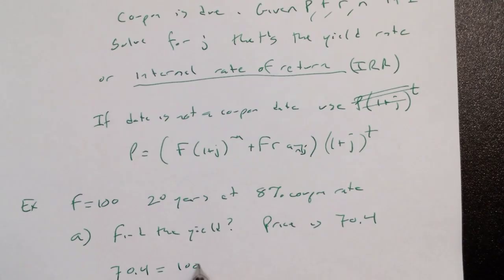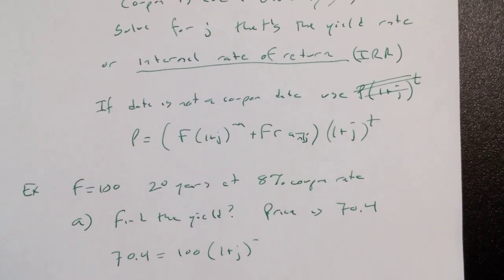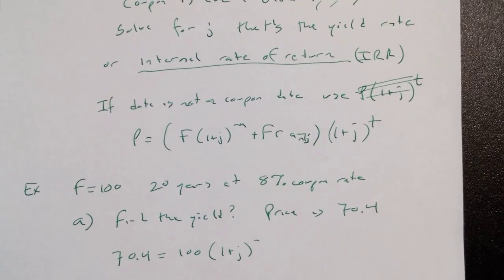70.4 equals 100, 1 plus j to the minus what? What's our n? Oh, hang on. 20 years. How many periods in 20 years? It's a bond. Bonds go every 6 months, so it's 40.